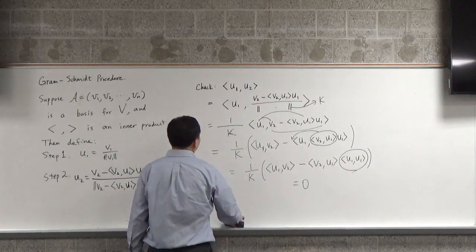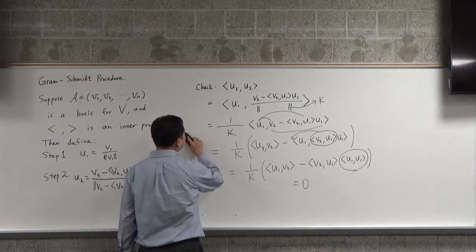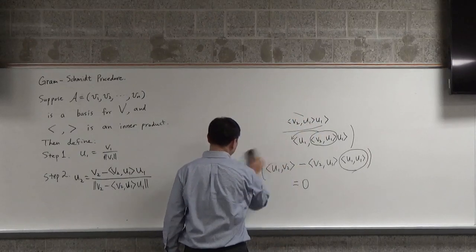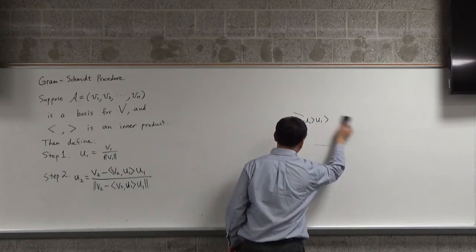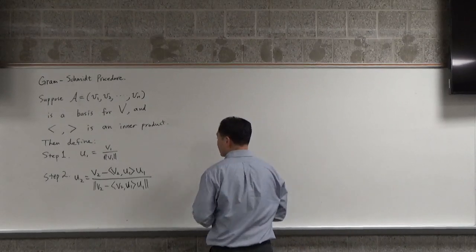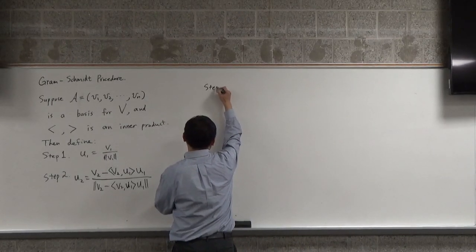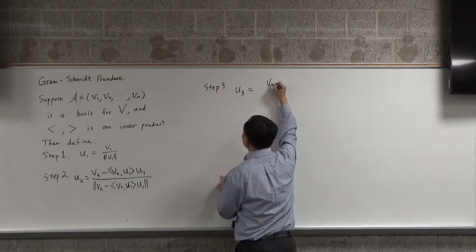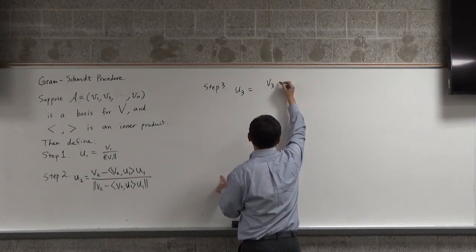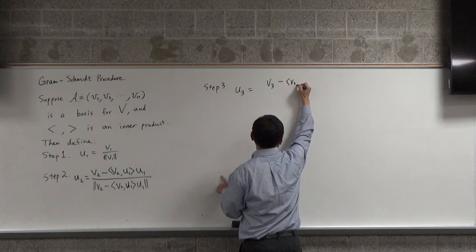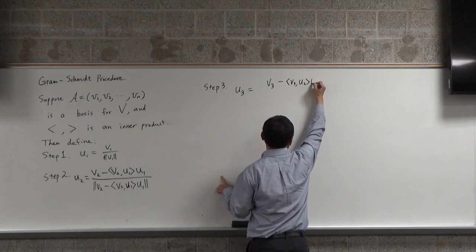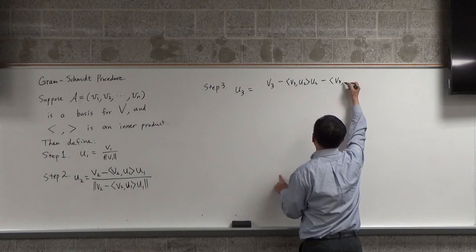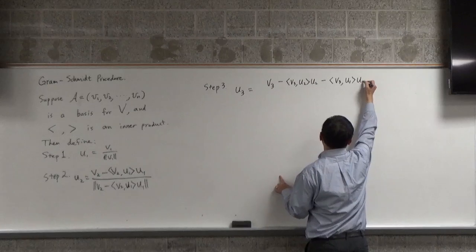So now, if you're convinced of this, then you can eventually see how to do the next one. Let's just do one more, and then I'll write down the general formula. Step 3. We're going to define u3 as v3, and what I'm doing is I'm going to take out the component of v3 that's in the u2 direction and subtract it times u2, and take the component of v3 that's in the u1 direction and take it out.